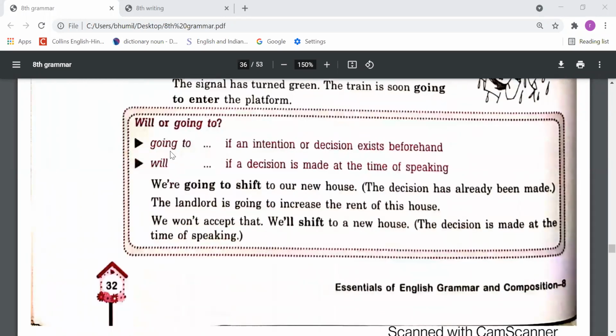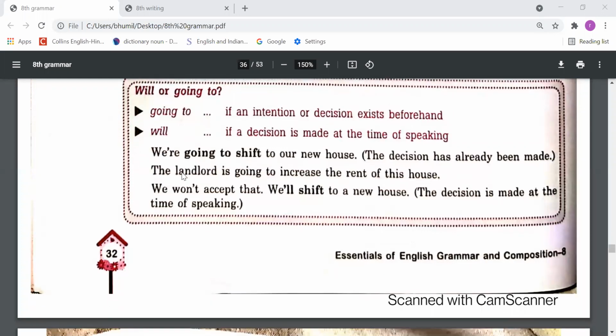Will or going to. Going to if an intention or decision exists beforehand. Will if a decision is made at the time of speaking. So this is the difference. We are going to shift to a new house. The decision has already been made. The landlord is going to increase the rent of this house. Means if I say we are going to shift to our new house, it means we have decided something.